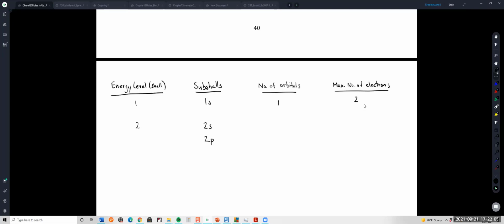S's always come in sets of one orbital, and P's always come in sets of 3. We can have 2 electrons in the 2s subshell, and we can have 6 electrons here for a total of 8 electrons in shell 2. And then we're full. We can't have any more electrons. It's like floors on a hotel. So now you have to go to the 3rd floor.